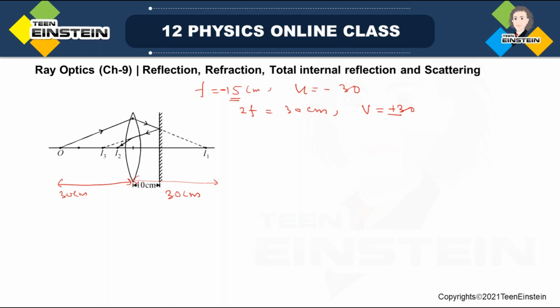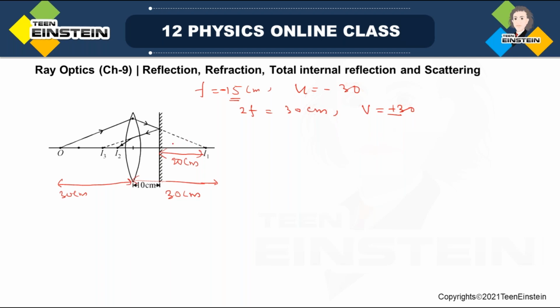Now look, the mirror is kept at 10 centimeter away from the lens. So what is this distance? This particular distance is 20 centimeter.